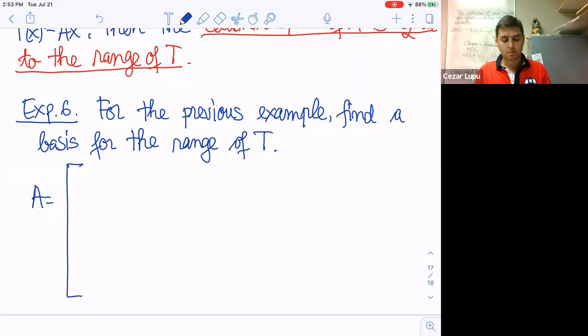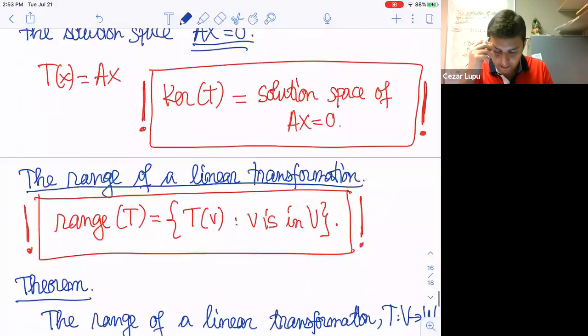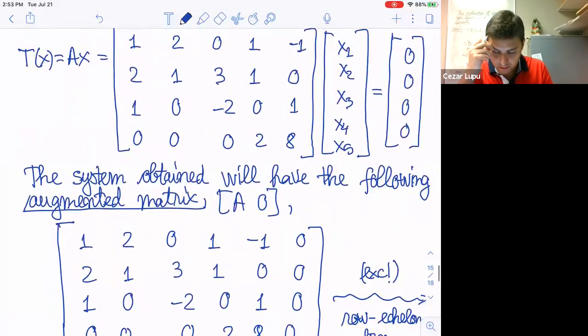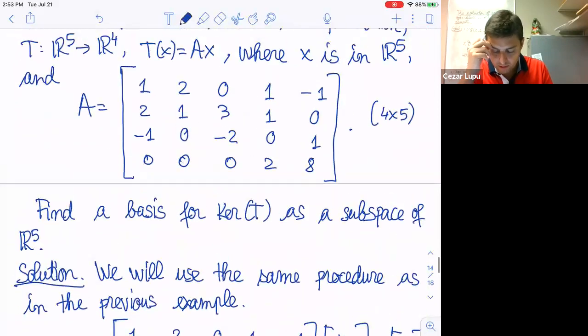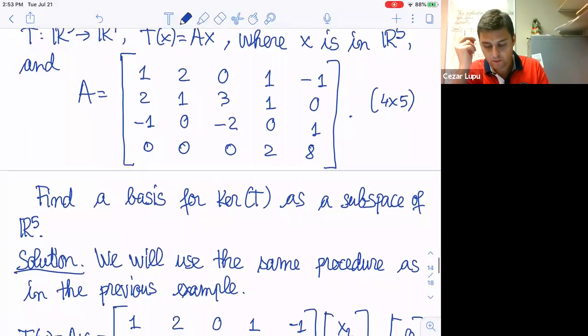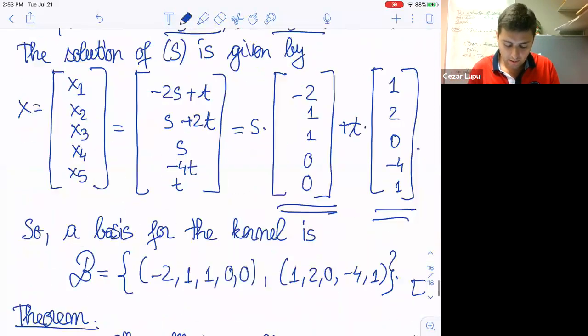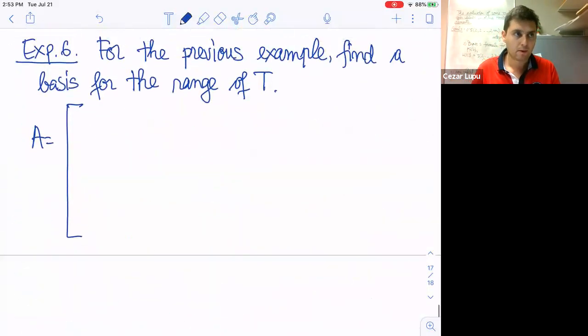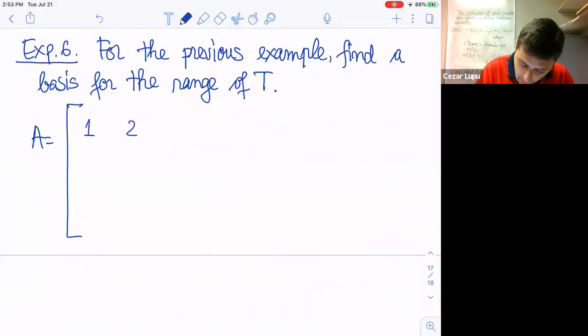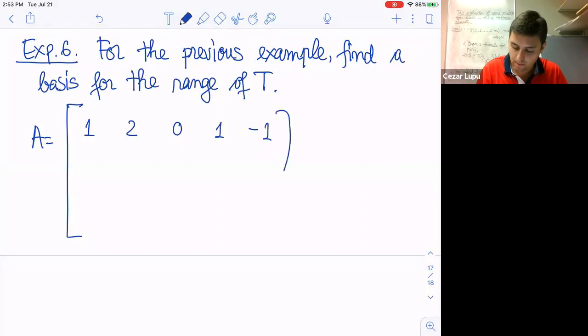What was it? 1, 2, 0, 1, negative 1, I remember the first one. Then the second one was 2, 1, 3, 1, 0.